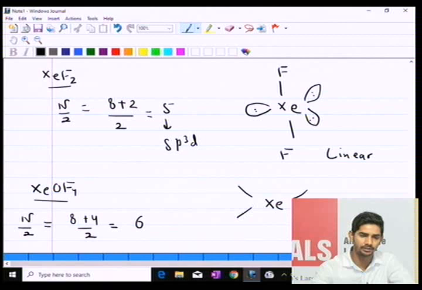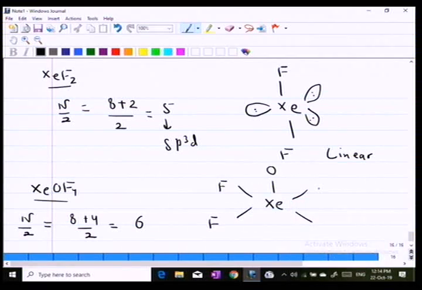So you can look at the shape. This is your xenon, 4 fluorines and 2 lone pairs. This is your square planar. Okay?